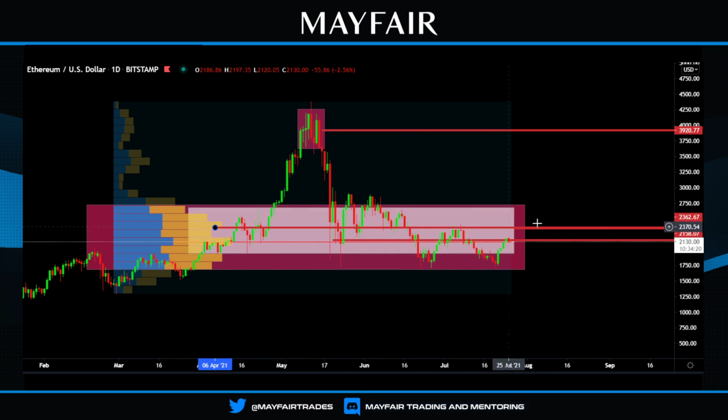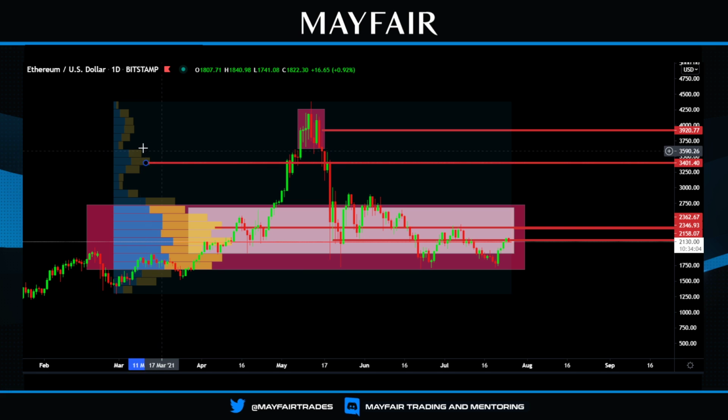So for me, I'd like to see not any long positions until after we break this, let's just say 2350. We've obviously got a nice little cluster sitting up here, but actually the high volume there is here. Low volume followed through. So yeah, key levels.